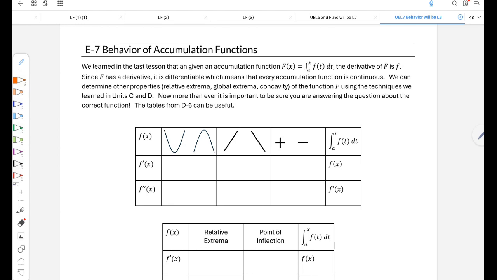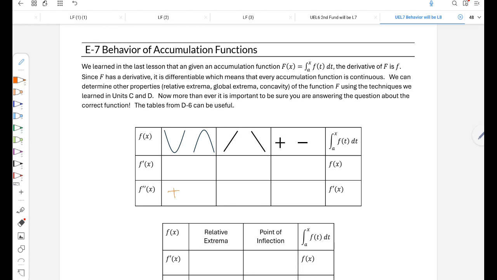If you have a function that is concave up or concave down, what's the first thing you think of as far as the derivative? Jack has two fingers up, so that's the second derivative. And if you're concave up, the second derivative is positive.